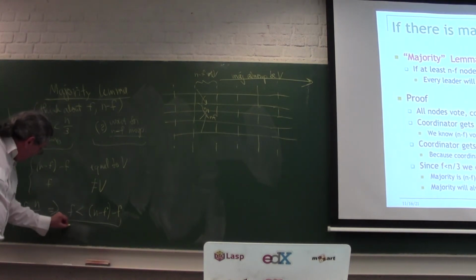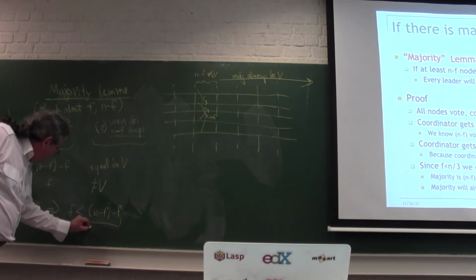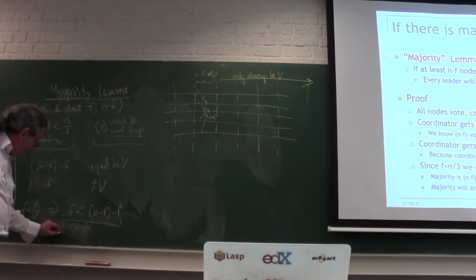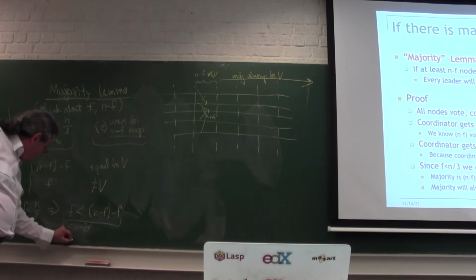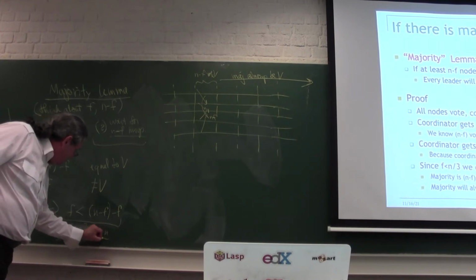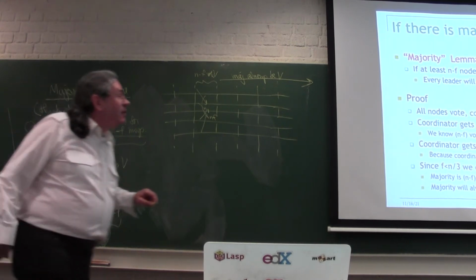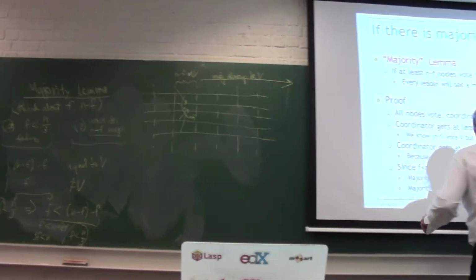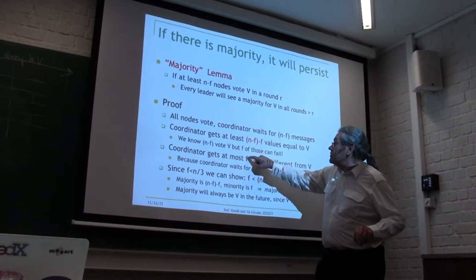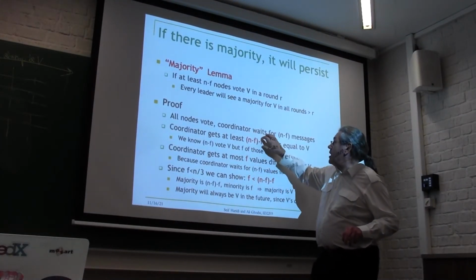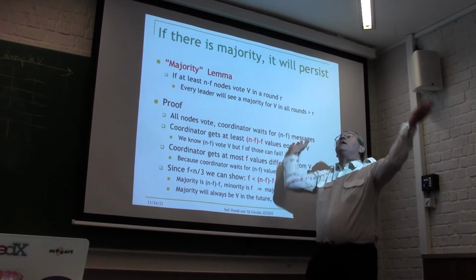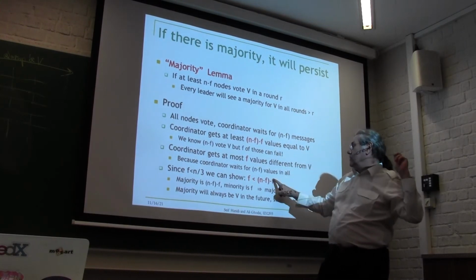And what does this mean? Well, we can actually simplify. f is less than n minus 2f, so 3f is less than n. What do you know? It's exactly the same formula. This and this are actually the same formula, just written in a different way. So the intuition is, because f is small enough, n minus f will be big enough to be the majority.